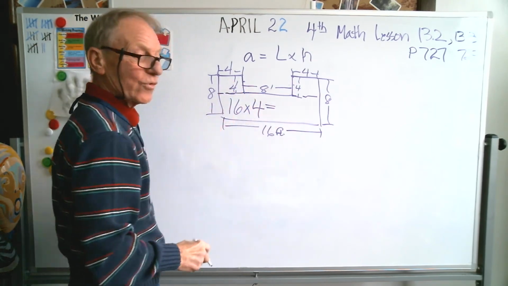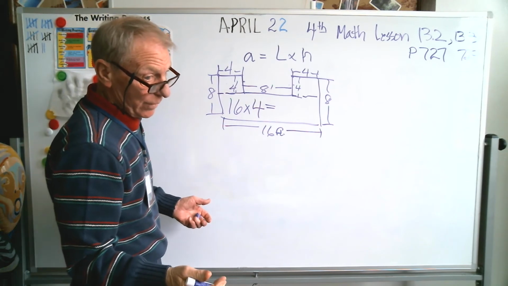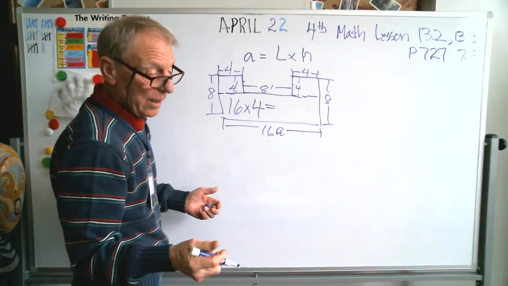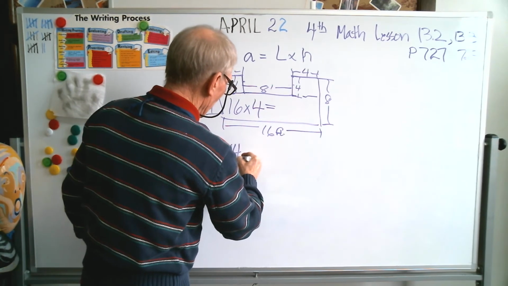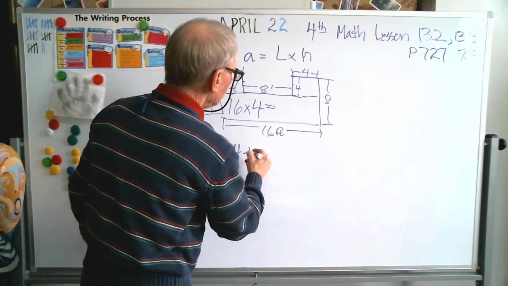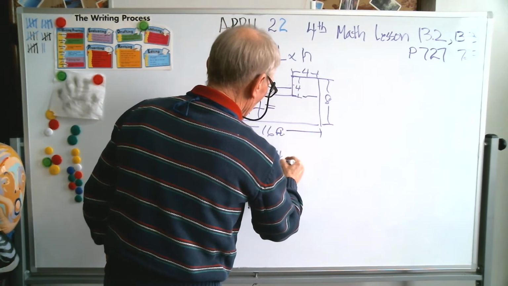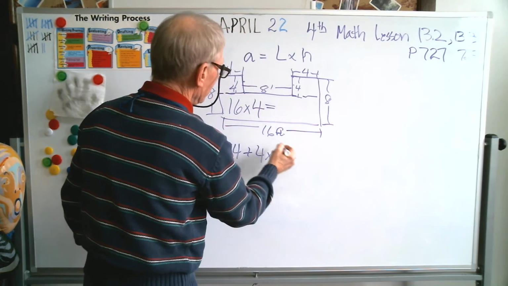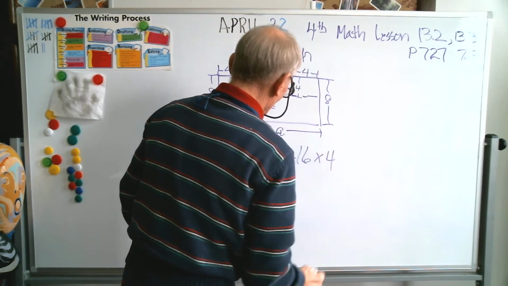Each one of these squares, remember all sides are equal in a square, so it would be 4 times 4. So we have 4 times 4 plus the second square, 4 times 4 plus 16 times 4.